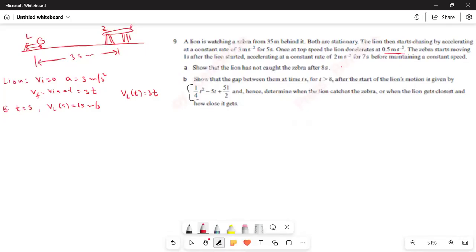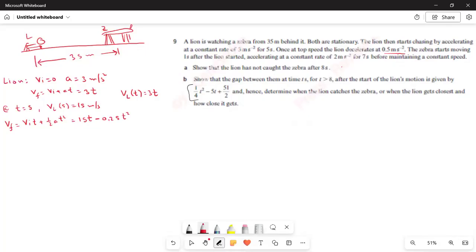Now the speed of the lion, we know it is Vi t plus half a t squared. So Vi at this point is 15, right? And t, if I count t after 5 seconds, I will write t, and acceleration is minus 0.5. So minus 0.5 times 0.5 is minus 0.25 t squared.